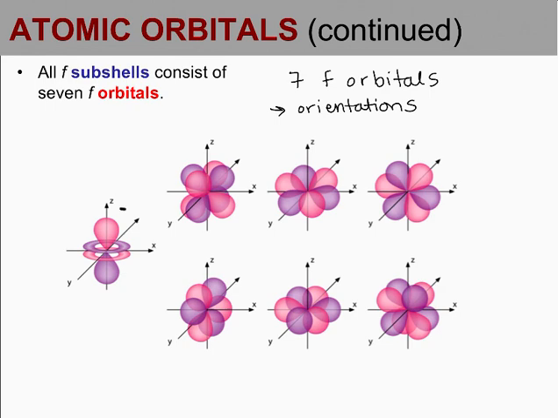And then this one over here is kind of doing its own thing, so it kind of looks like a p orbital with 2 donuts around it. And again, I don't expect you to memorize these shapes or which orientation they're in. This is just to show you what those probabilities look like for where an electron can exist.